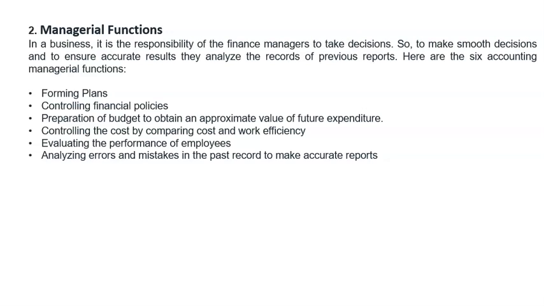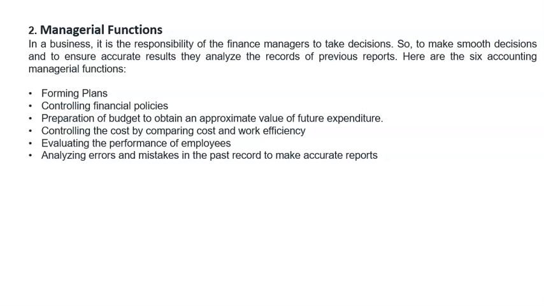Then another point is controlling the cost, comparing the cost and work efficiency. Since I've told you that managerial functions are basically for the business, to enable the business run its daily activities, this is where the point comes in.